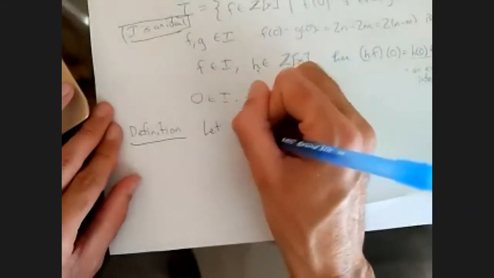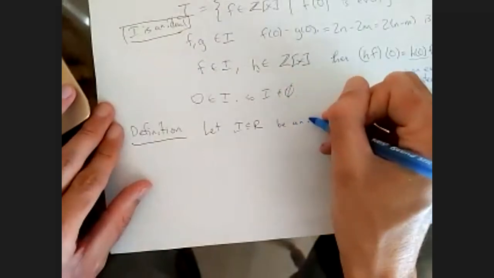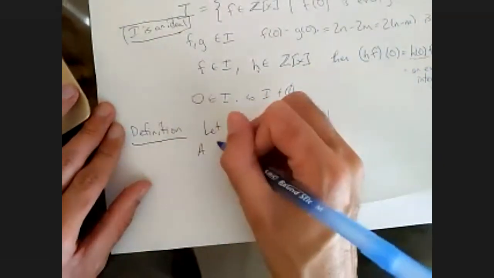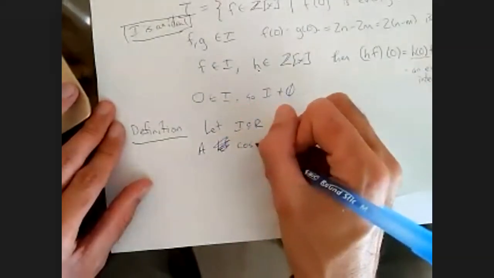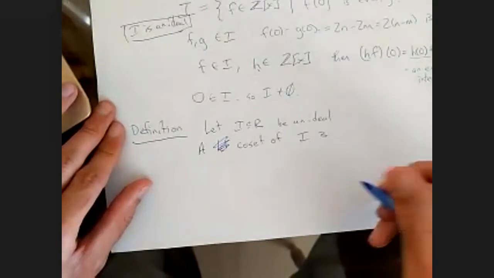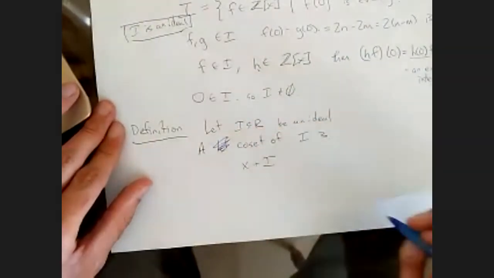So let's take an ideal. I won't call it a left coset. A coset of I is just defined to be a coset of I like that.